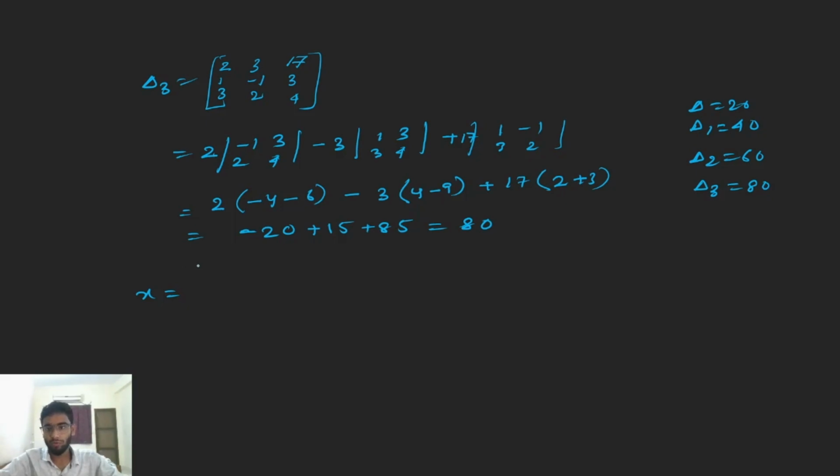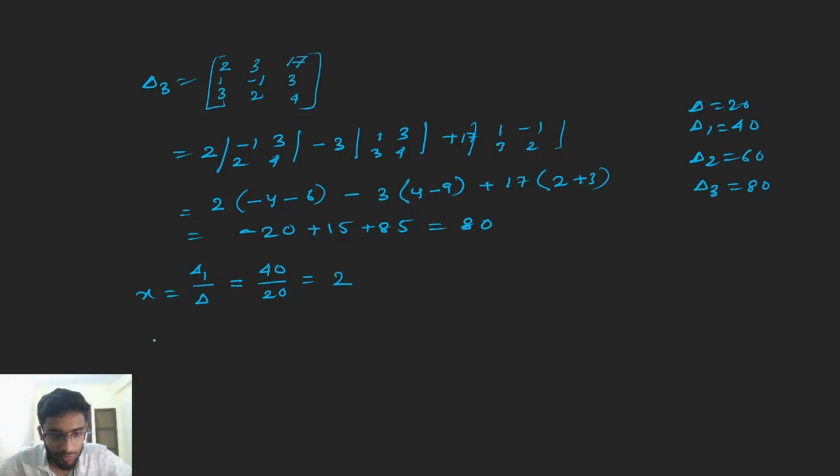To find the value of x, it will be just del 1 by del, which is 40 by 20. There are some conditions for consistent and inconsistent solutions, but here we don't need that concept, since the system of linear equations here is consistent. That means it's solvable, where we can find its solution. Okay, so that's why we're calculating.